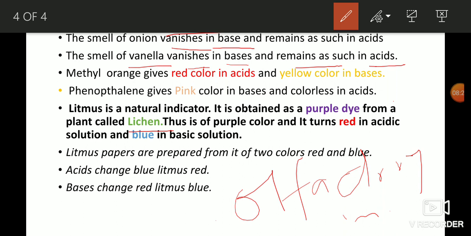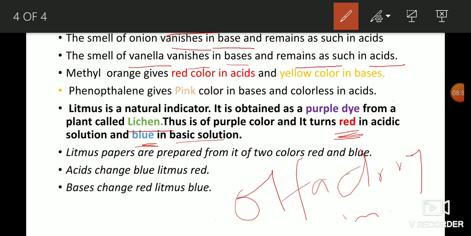Lichen is a plant from which this litmus is obtained. It has purple color, and when it is added to an acidic solution, its color changes to red. And if it is added to a basic solution, its color changes to blue. It is a very common indicator, the litmus indicator.